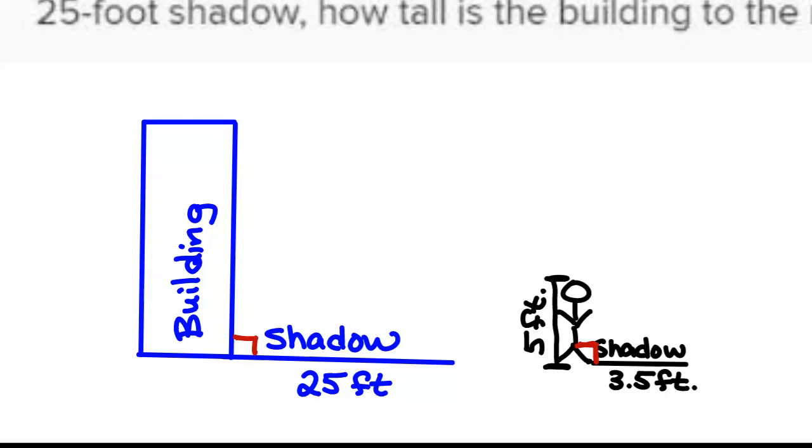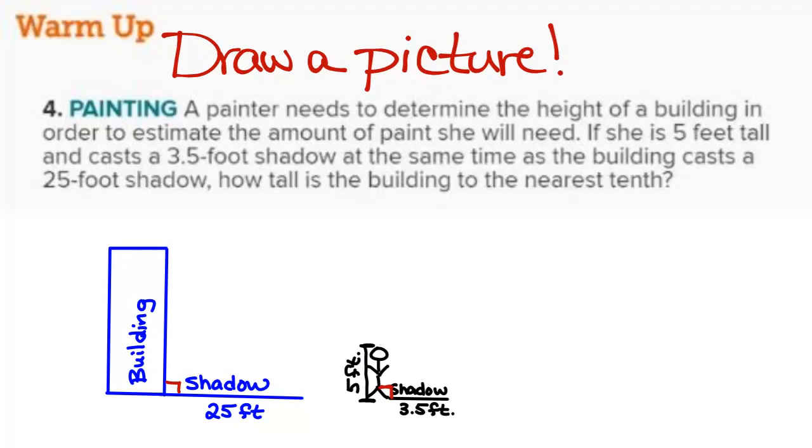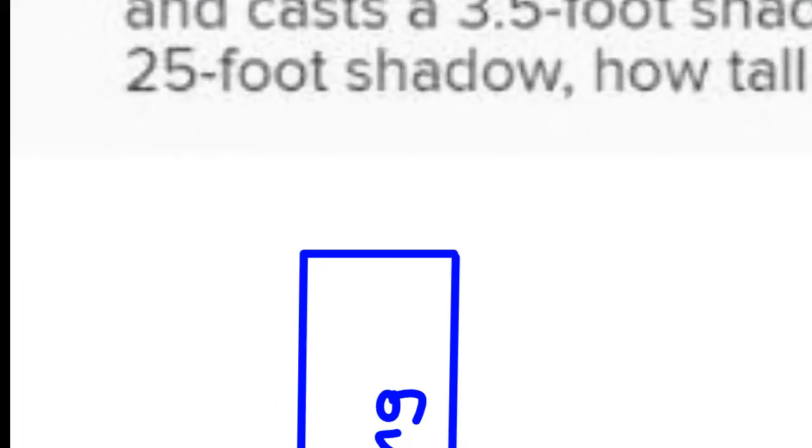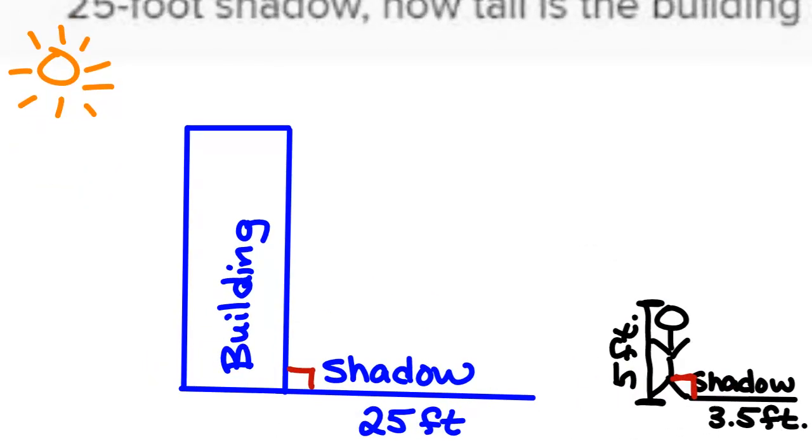So they didn't say this, but if it's casting a shadow, the sun is going to have to be over here somewhere, right? The sun would have to be behind, so that the shadow goes forward. All right. So we've got the sun's rays kind of coming down like this.